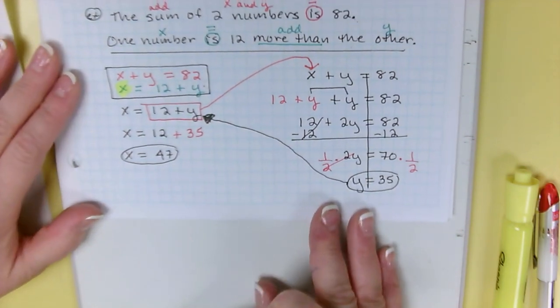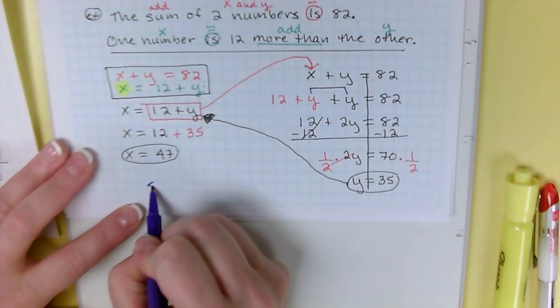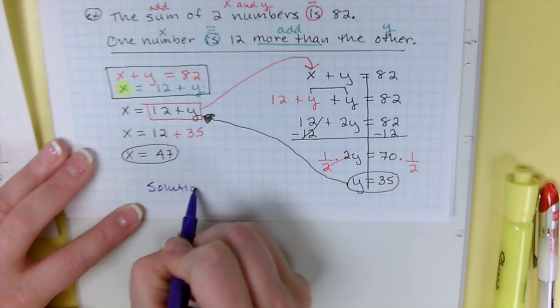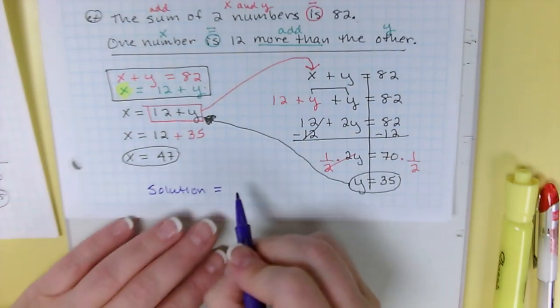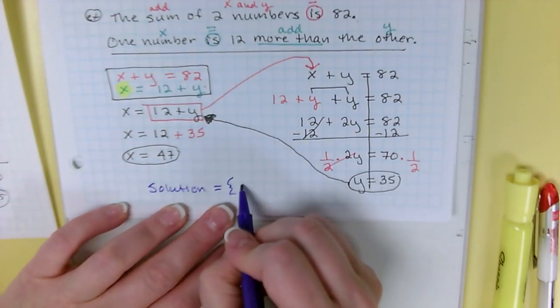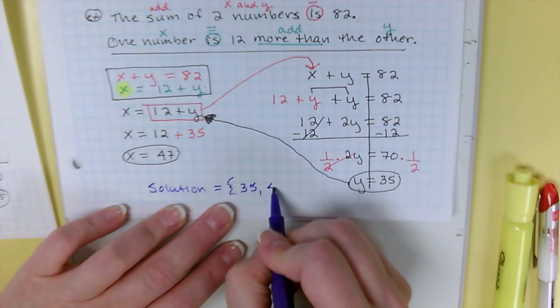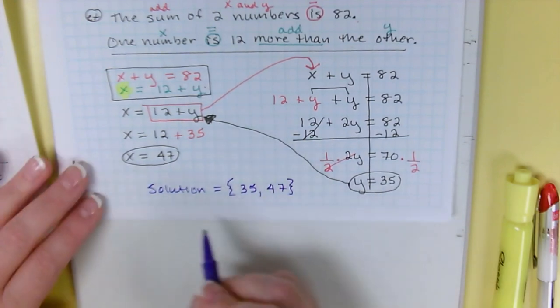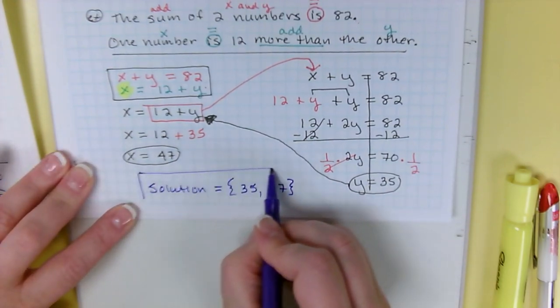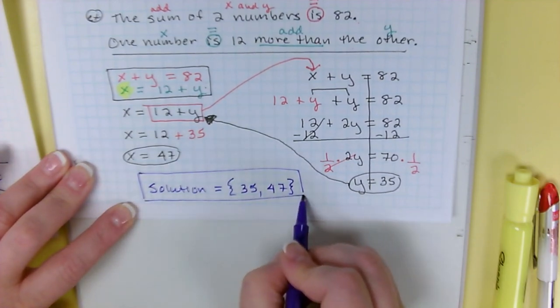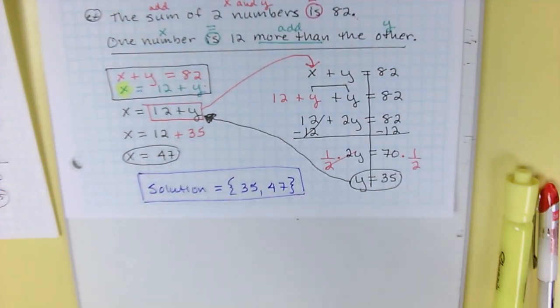Okay, so these are not an ordered pair. So when you write your solution, you're going to use roster notation. So give it a brace. It's 35 and 47, end with the brace. You always use roster when you're just listing values.